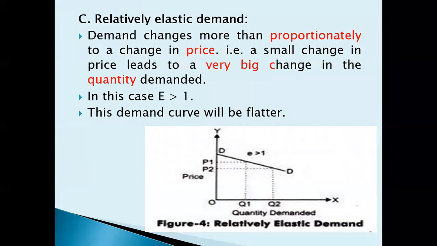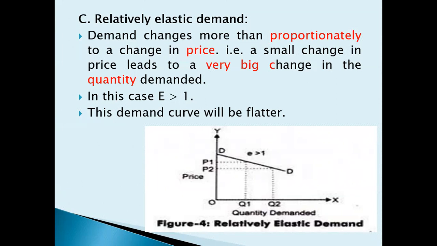So demand changes more than proportionately to the change in the price. प्राइस में थोड़ा सा इंक्रीज डिक्रीज किया तो प्रोपोर्शनेट से भी ज्यादा डिमांड में चेंज होती है. इसका मतलब क्या है? The small change in the price leads to a very big change in the quantity demanded. Very big, but it is not infinite.